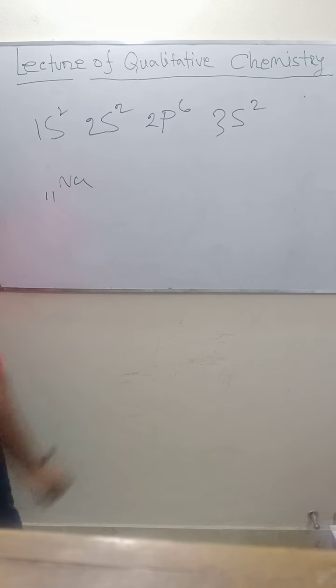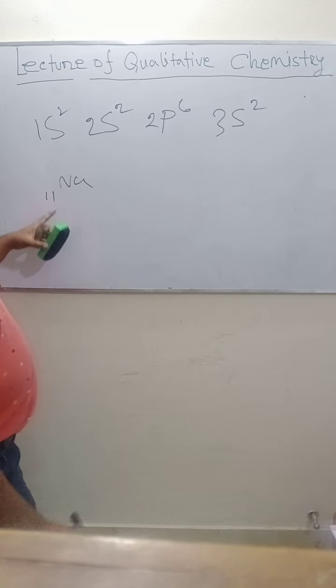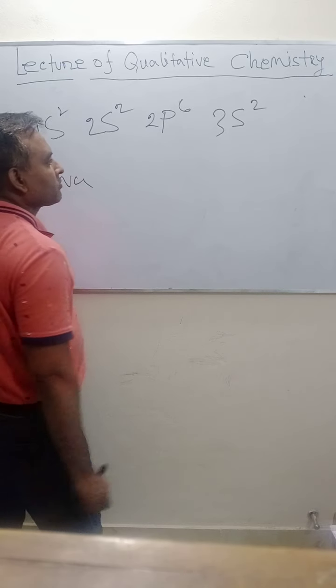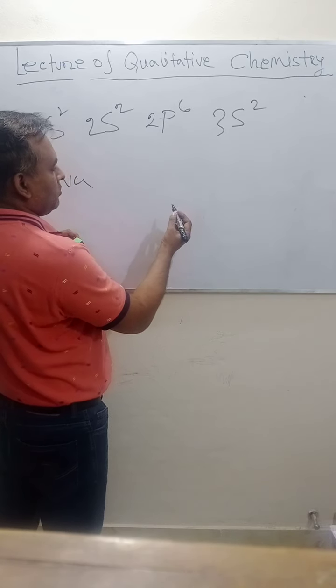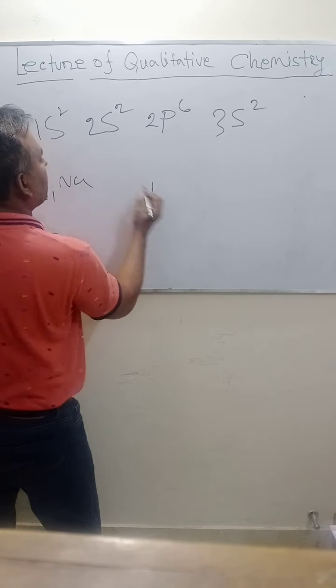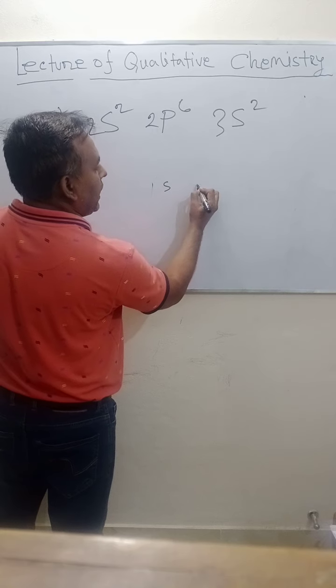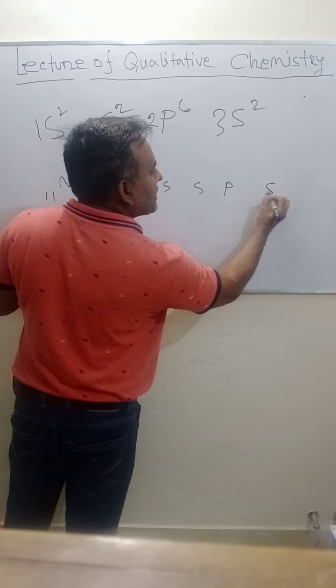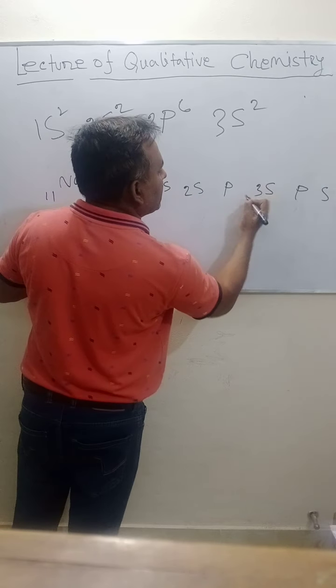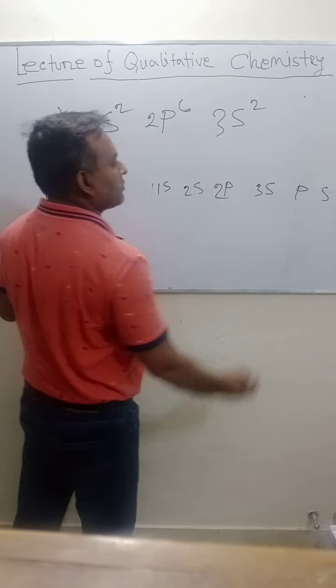Sodium 11. Sodium has 11 electrons. So how will you configure? You know the order SSP, SPS: 1, 2, 3, 2, 3.